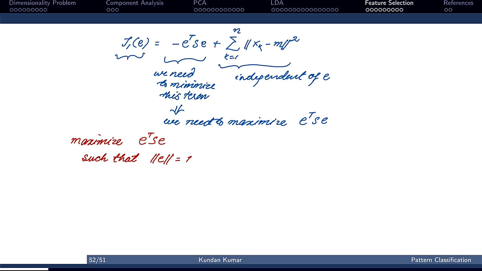Here a Lagrangian multiplier can be used to solve this problem. So, what is the Lagrangian multiplier?